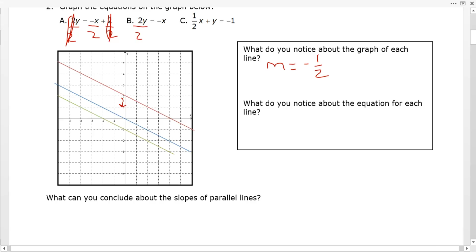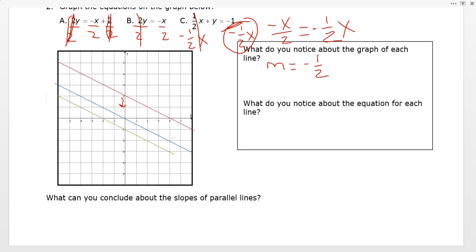Okay, B, we did the same thing. We divide by 2. And you see that negative x divided by 2 is the same as negative 1/2 x. And then in C, you subtract 1/2 x from both sides, and you end up with your slope here, and your y-intercept is negative 1.